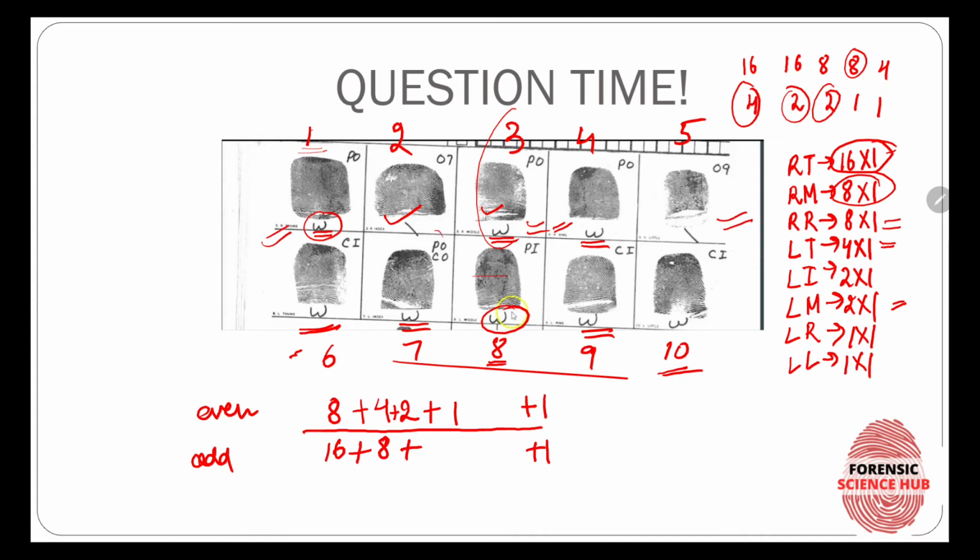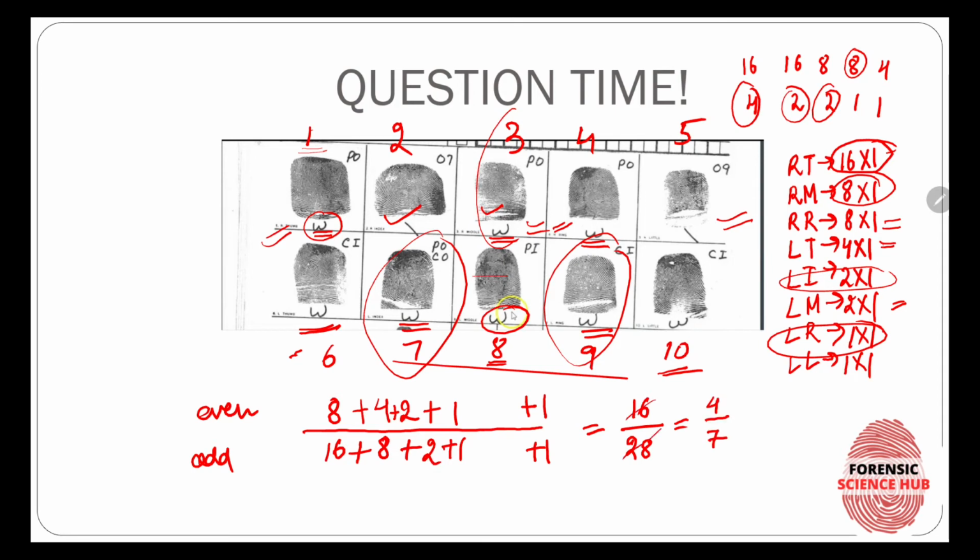Then 7 over here is left index, which is giving us a value of 2. Then we come on to this one, which is giving us a value of 1. Alright, so now add all of these. 16 divided by 28. Now we can further simplify, so we can say that the primary for this particular set of fingerprints is 16 over 28 or 4 over 7.